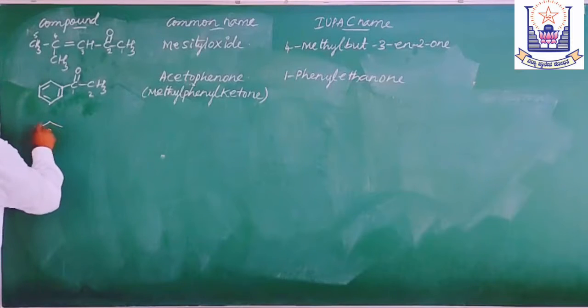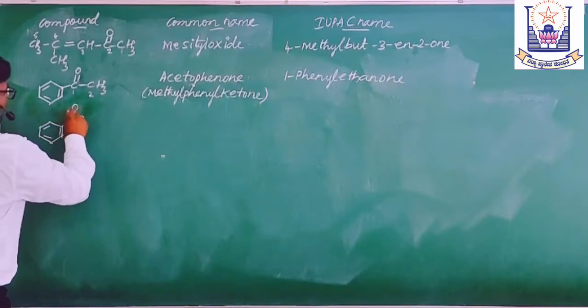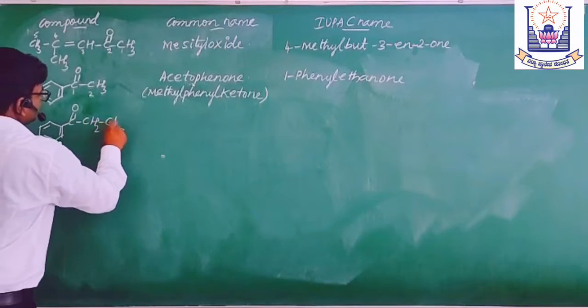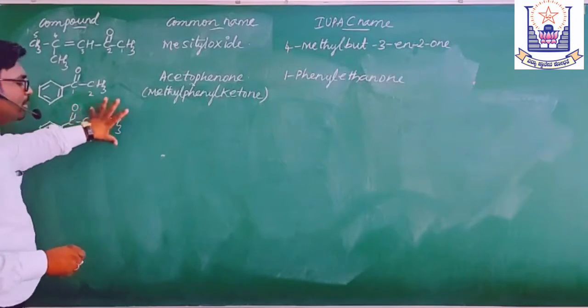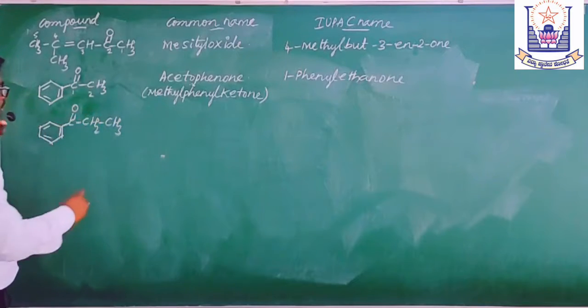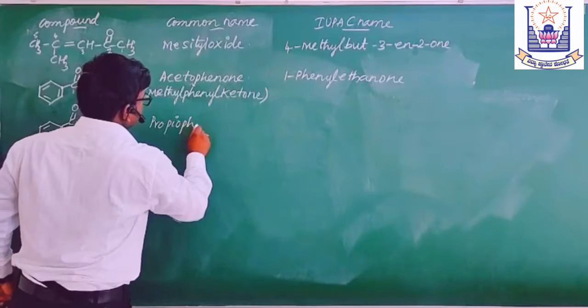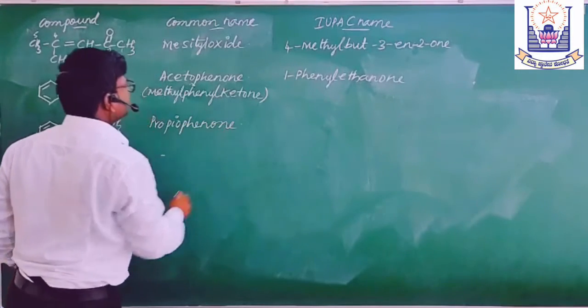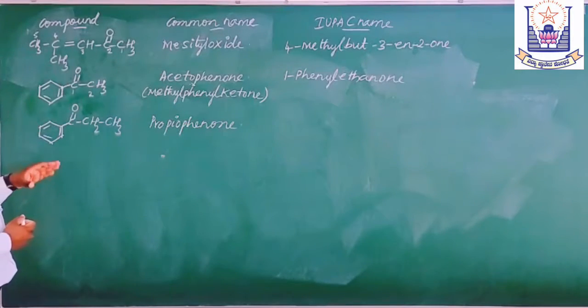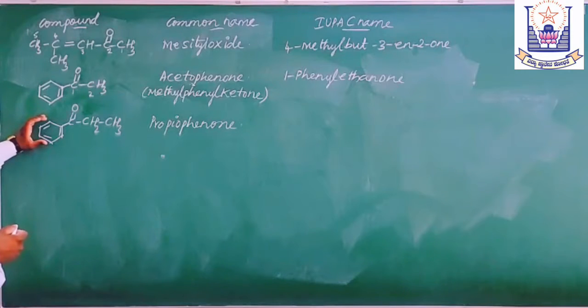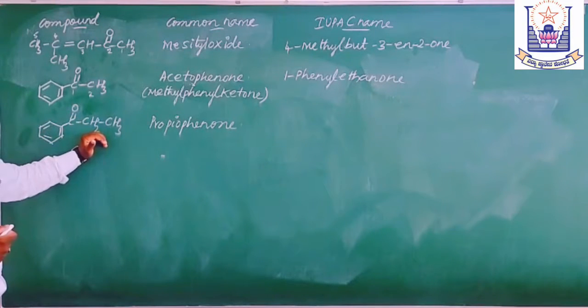We have a benzene ring, then C double bond O, CH2, CH3. This is called propiophenone. And accordingly, the common name we can call this as phenyl ethyl, okay, which one will come first?